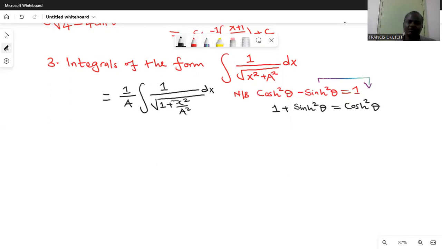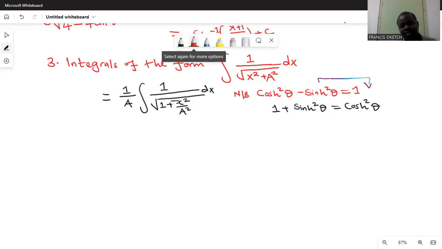So remember, I wanted 1 plus something squared to give us another trigonometric or hyperbolic function squared. And you can see in this case, 1 plus hyperbolic sine theta squared is equal to hyperbolic cosine theta squared. So I now do the comparison.